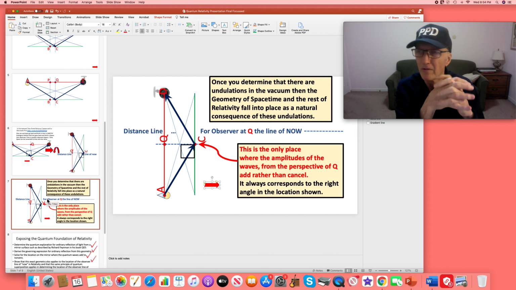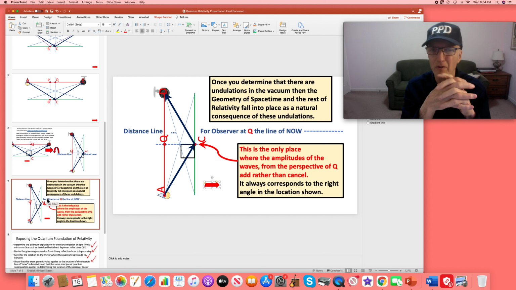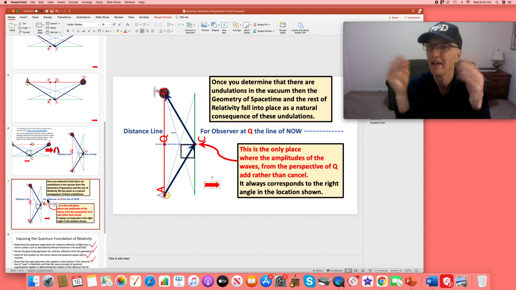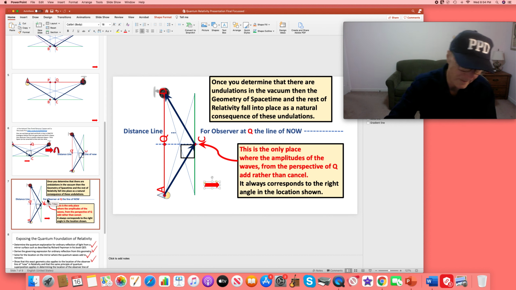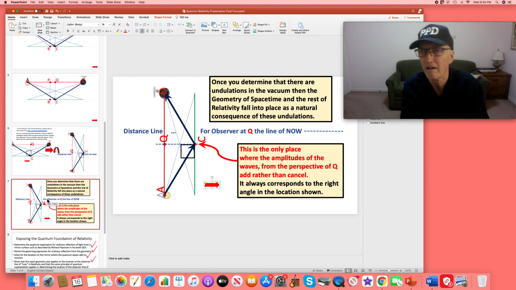A lot of people give answers to the twin paradox that really don't explain it. The worst thing for a human being is to get an explanation that doesn't explain something. So you think you understand it because it sticks in your head, and you go, oh yeah, but it doesn't really explain it. So I really do explain all of it.